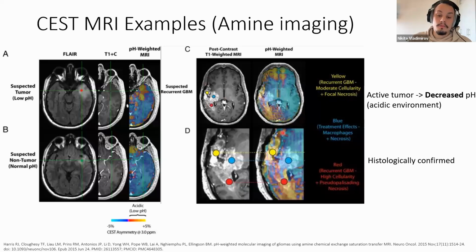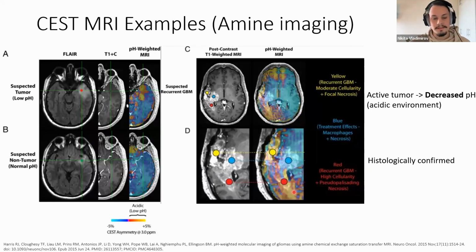And after their death, they took histology of some regions of the brain and found out that here you can see 3 points, blue, yellow, and red. In all cases, we see an increase in the common MRI, but on the pH weighted, in the yellow we see some moderate pH, in the blue the normal pH, and in the red we can see low pH.